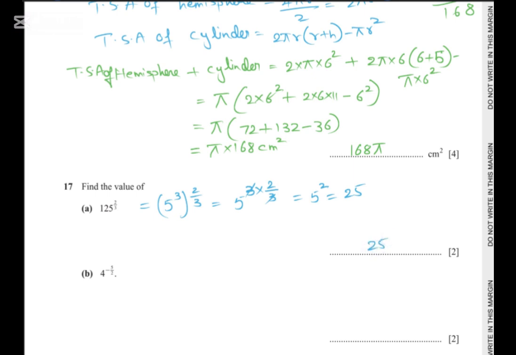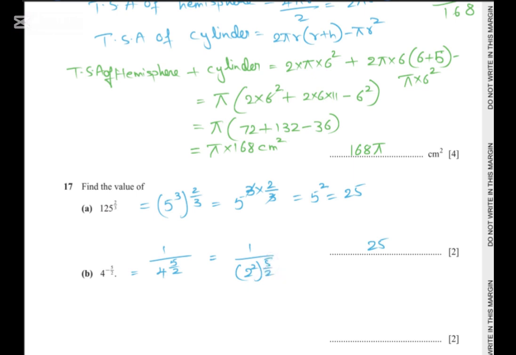So the answer is 25. Then the next question, 4 raised to minus 5 by 2. To remove the negative power, we'll write 1 by 4 raised to 5 by 2. Then 1 by 4 raised to 5 by 2 is 2 square raised to 5 by 2, because 4 is 2 square.